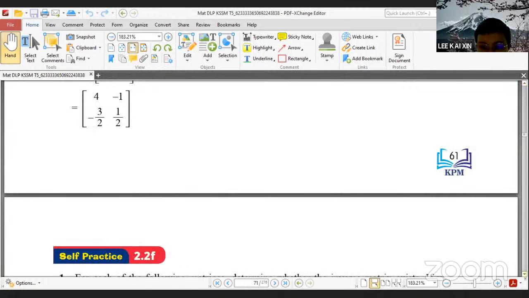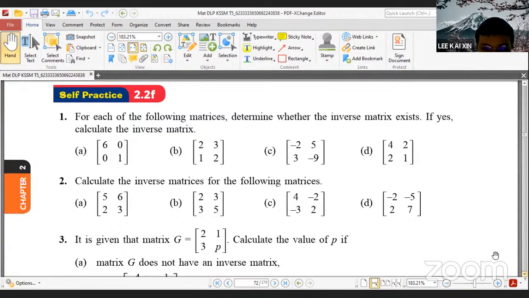Okay, for each of the following, determine whether inverse matrix exists. If yes, calculate the inverse matrix. So I just do one example from here. I just do A. So we just use AD minus BC, see what is the answer.